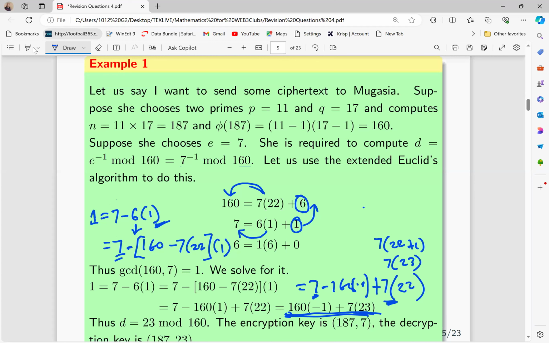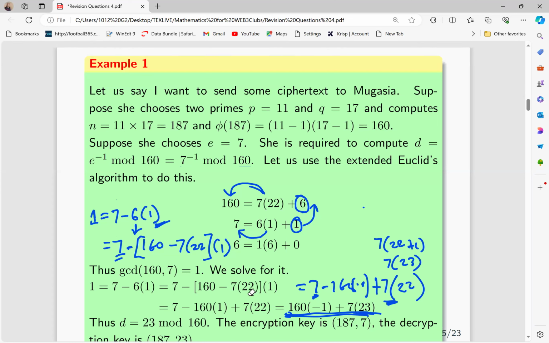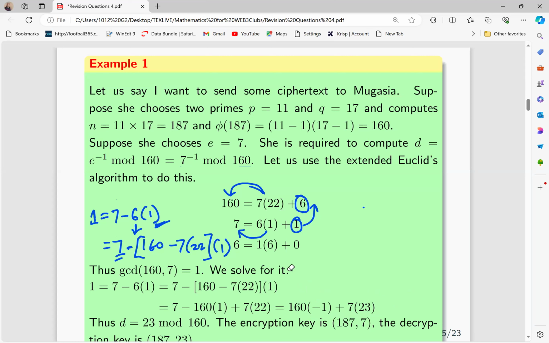So that therefore means that the inverse of 7 is 23, because it's 23 that has been multiplied by 7 to give us 1. The inverse of a number is that which when you multiply by that number, you get 1. That means the inverse of 7 is 23 in this case. Now, that is our D. That is what she will use to decrypt once we send her the ciphertext.